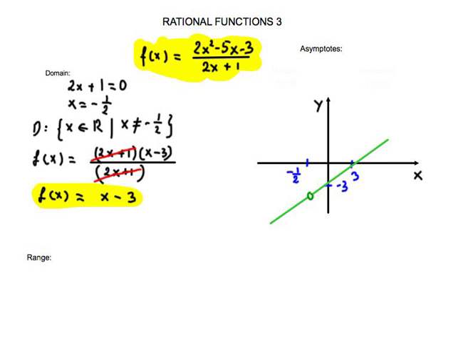And for the range values, since this is a straight line, you would say everything would work, but the actual range is real numbers, so y is an element of R such that y is not equal to... what is the value that has to be excluded? You find it by using the restricted value of the domain.